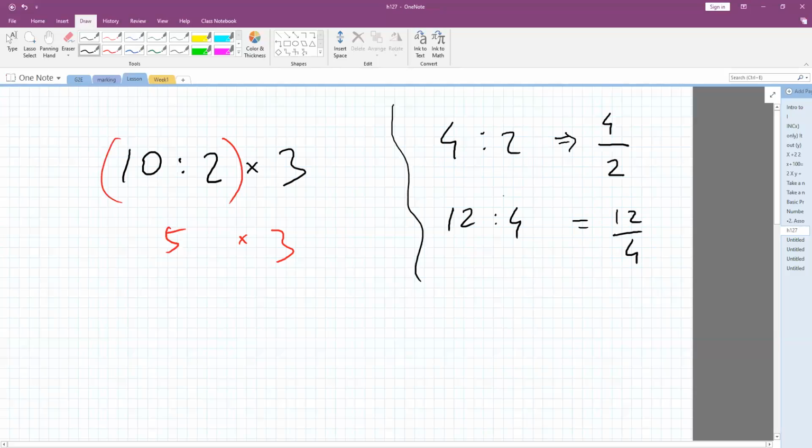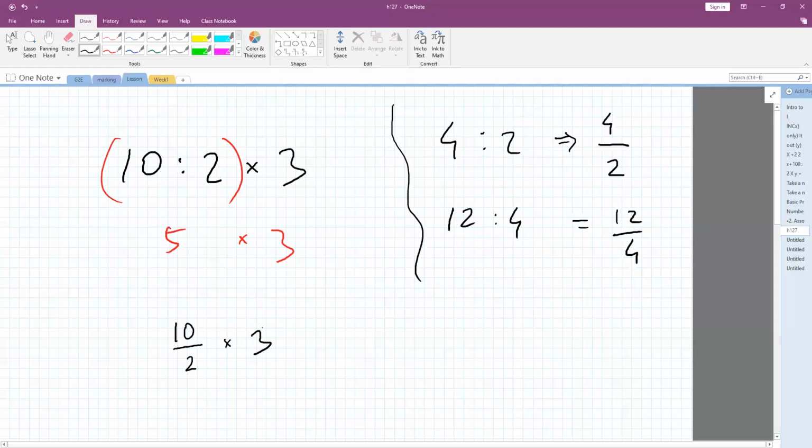So now look at this idea. If you have 10 divided by 2 times 3, yeah, this operation is also the same as 10 on 2, yeah, you multiply by 3.